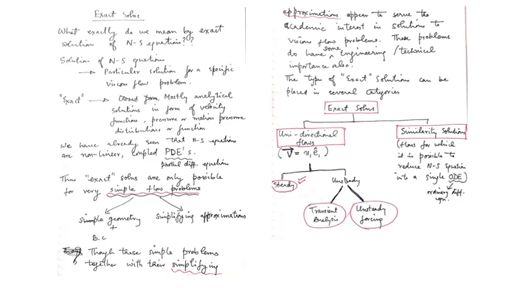So now going further down the tree of classification, the unidirectional flows I have further put into two broad categories, steady and unsteady, and I have already discussed these things in my lectures number 14 and 15, where I was talking of converting the equations into dimensionless forms. There also I had discussed these steady and unsteady aspects.